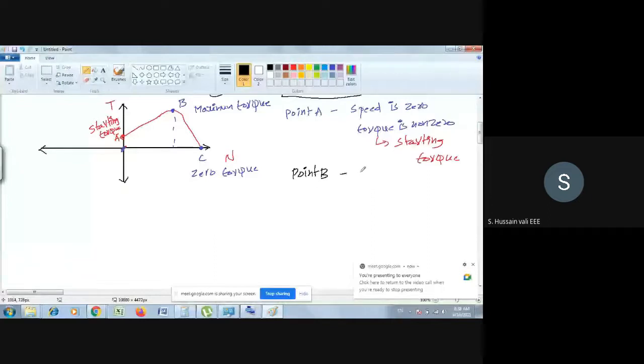That's point B. Torque is maximum, and now what about the speed here? The speed is zero at A, whereas the speed is maximum at point C, because the graph is not extended beyond that. So we will consider this point as maximum speed.